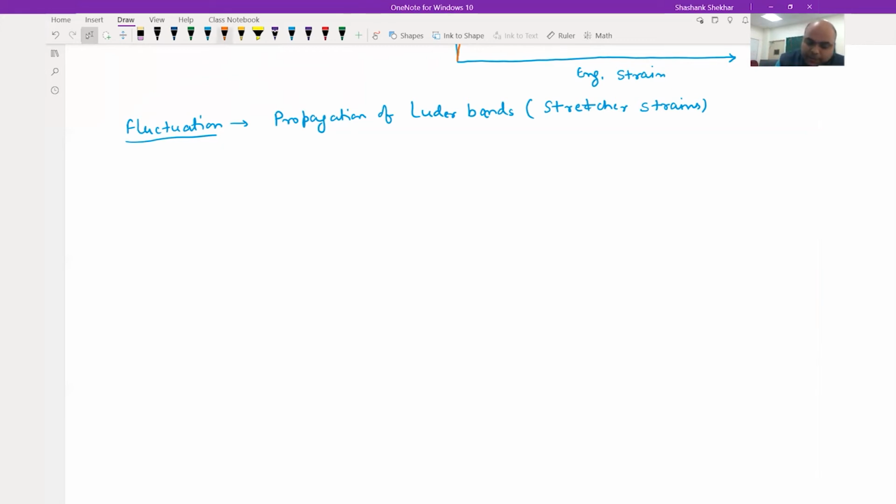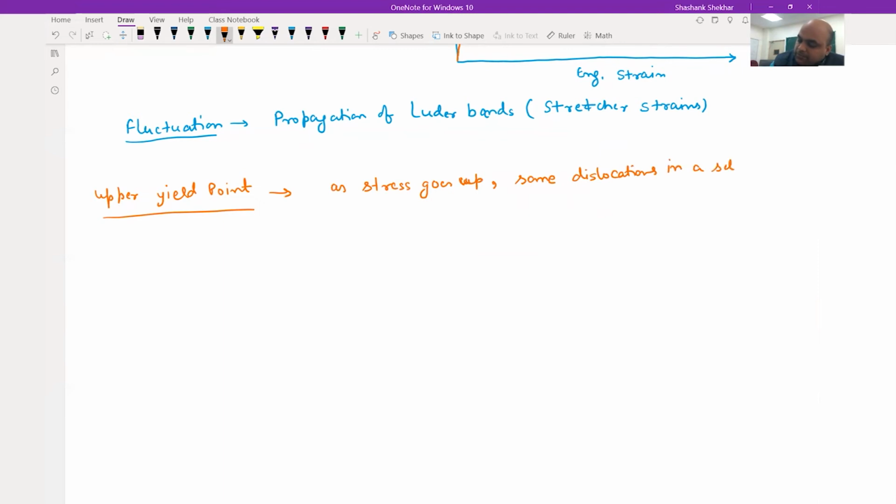Okay, so why do we see upper yield point? As stress goes up, some dislocations in a set of favorably oriented grains are freed from the Cottrell atmosphere.